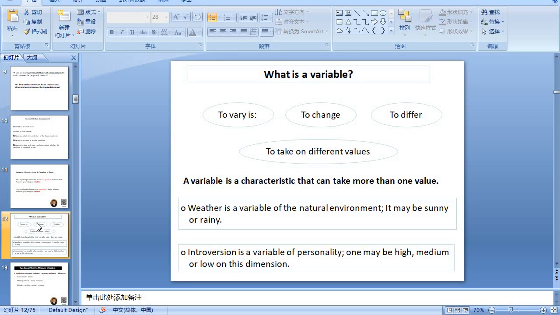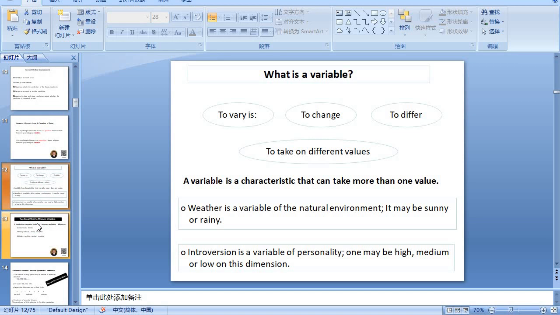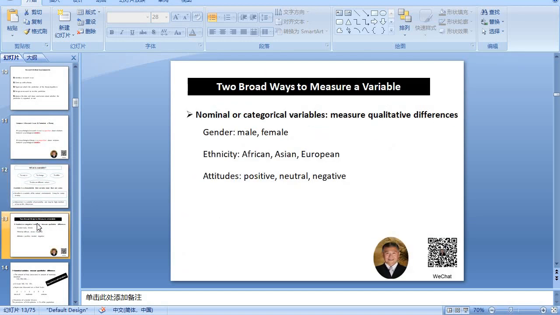We are interested in variables. We are interested in how people differ from each other, how people have different values on different variables. Variables are very important in psychological research, in all scientific research. There are 2 broad ways we can measure a variable.